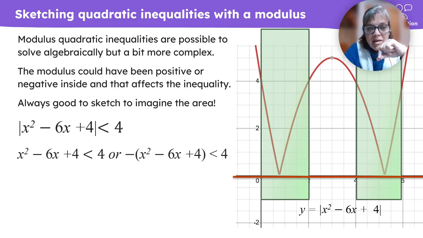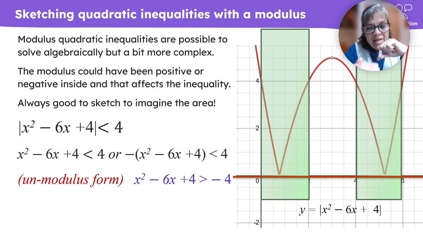And like I was saying, you have to know that when you have a modulus, it could have been a positive value, in which case we're just comparing less than 4, or it could have been the negative of it, which then you're comparing to less than 4. But when I want to clear that negative, it becomes as if I have to go back to considering the unmodulus form, in the positive, and where that is greater than minus 4 if it didn't have the modulus placed on it.